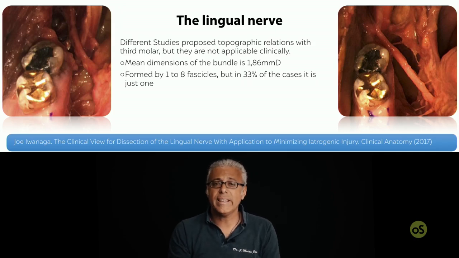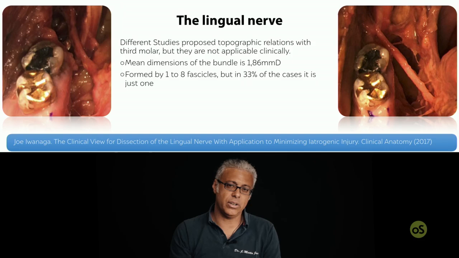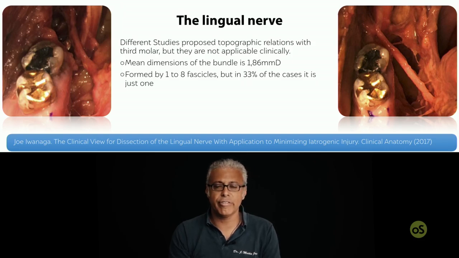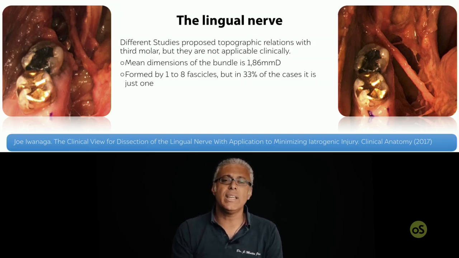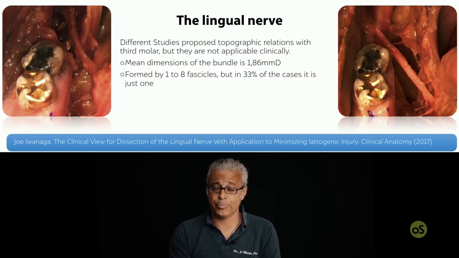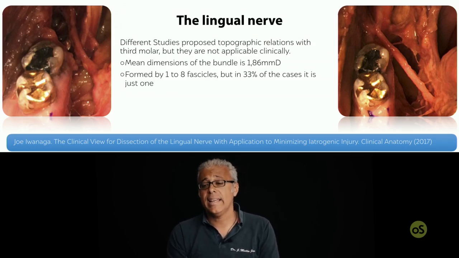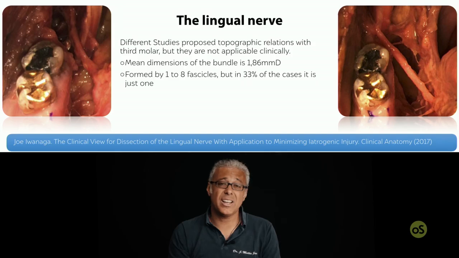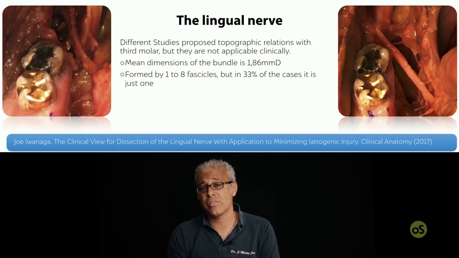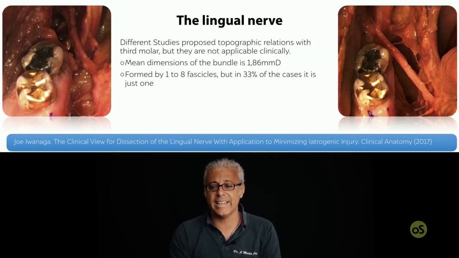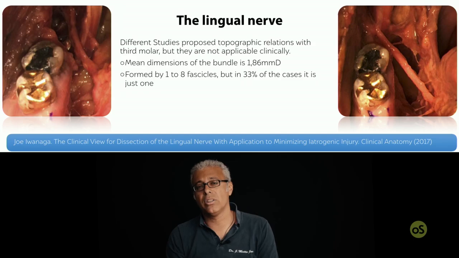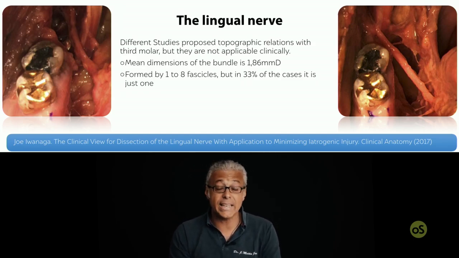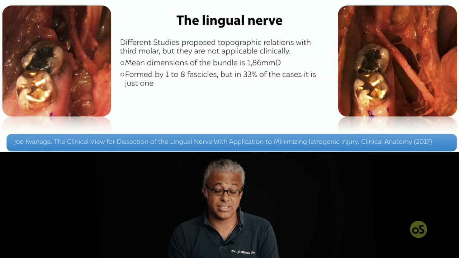The lingual nerve is a marginal problem with respect to the inferior alveolar nerve, but we're going to see that we can have some problems and some issues also on this kind of nerve. It has been studied, but it doesn't have so many clinical applications. We know that the bundle can have different diameters and it can be made of one or more fascicles.